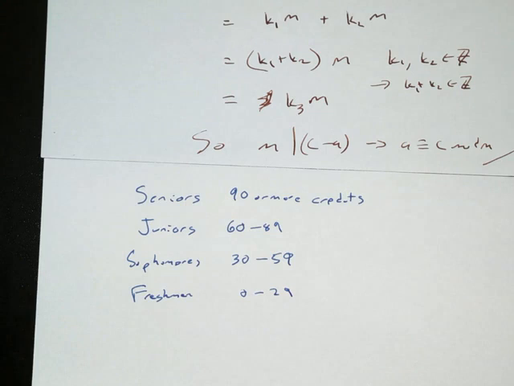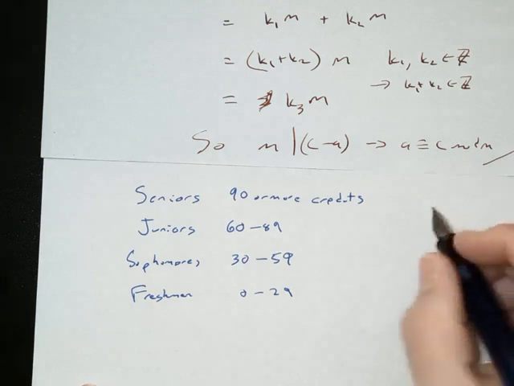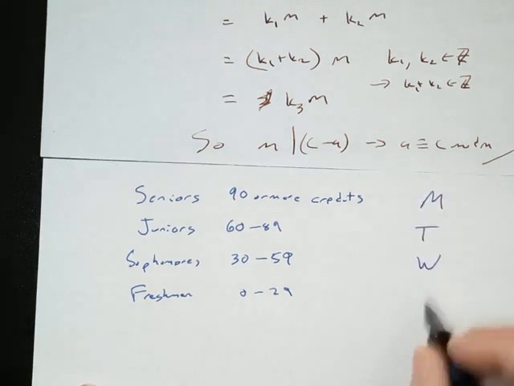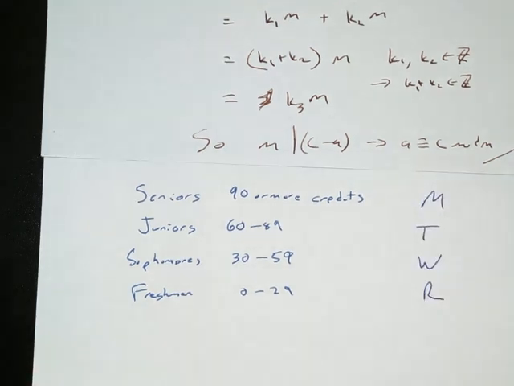I can now divide the entire student body up based on when they registered. I'm going to make an assumption for the moment. These people registered on Monday, these on Tuesday, these on Wednesday, these on Thursday. Registration eligibility date is a relation on the student body at Seton Hill.